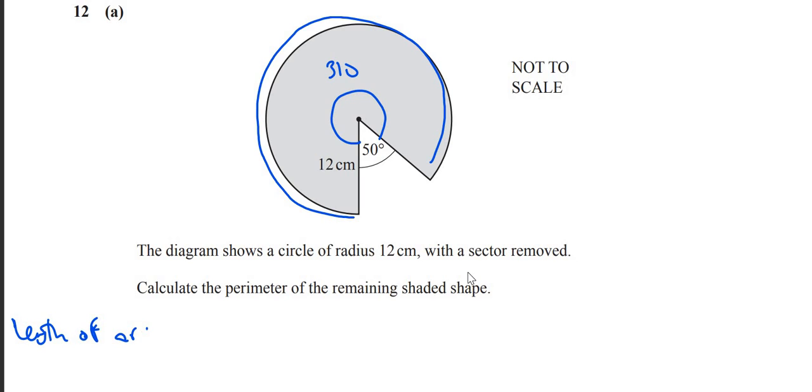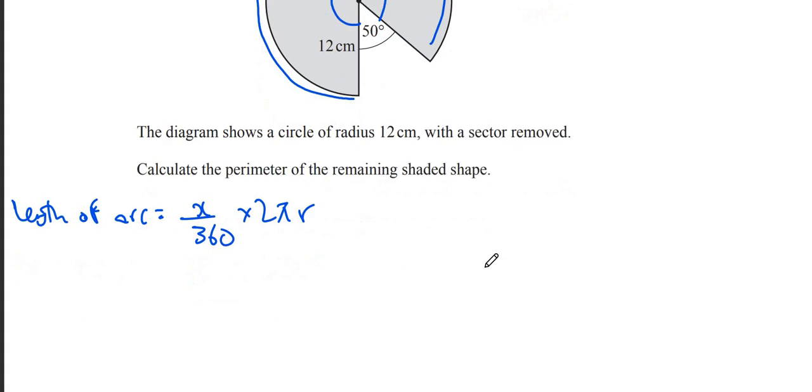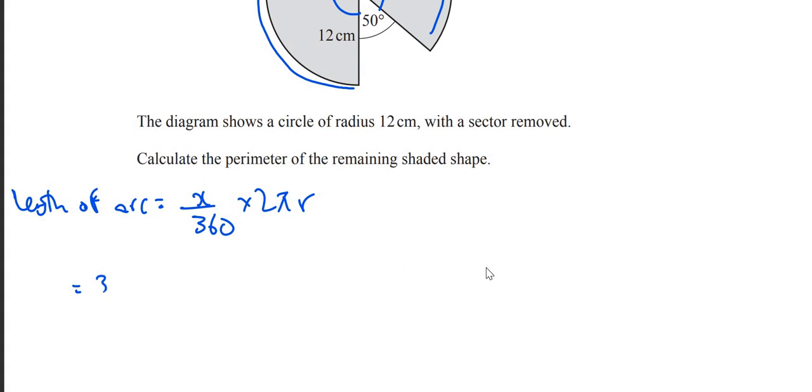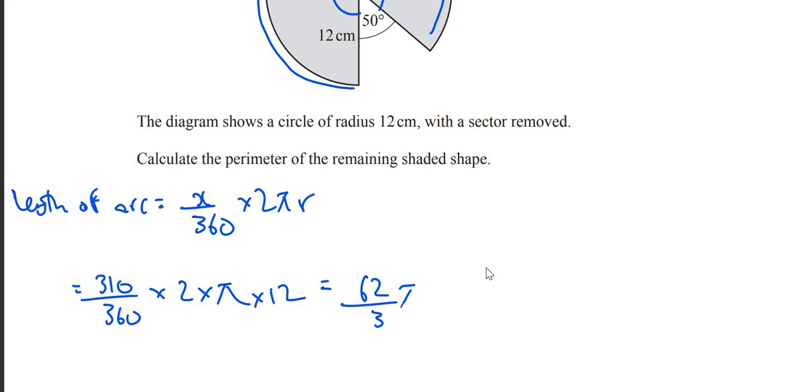So length of arc is equals to x upon 360 multiplied by 2 pi r, which means 310 upon 360 multiplied by 2 multiplied by pi multiplied by r, which is 12. This turns out to be 62 upon 3 pi.